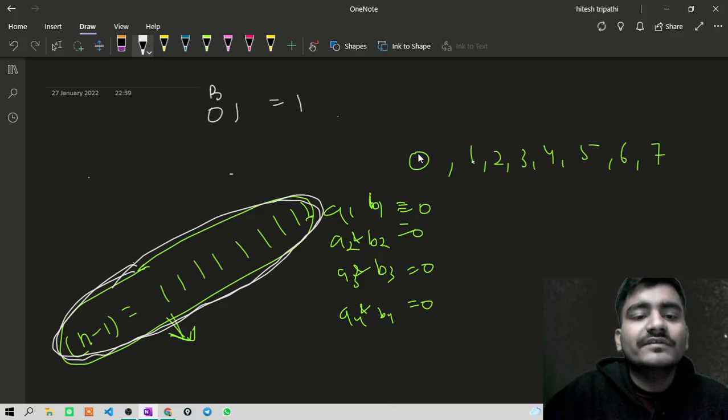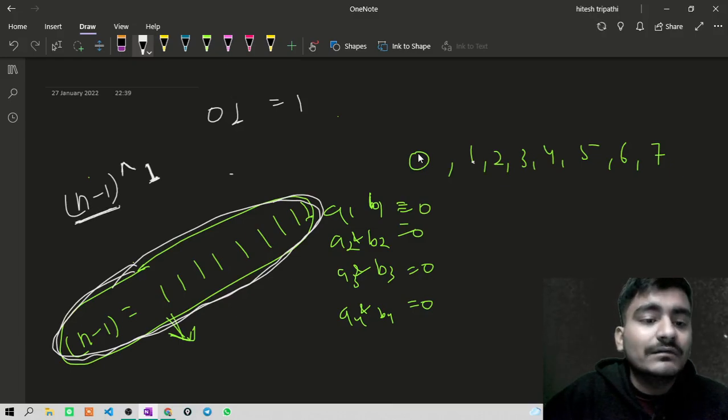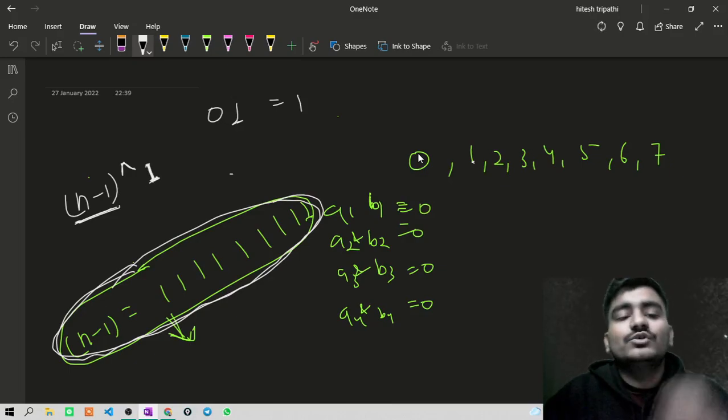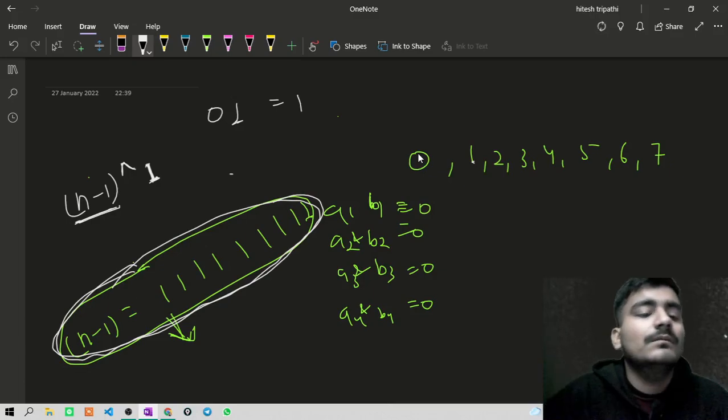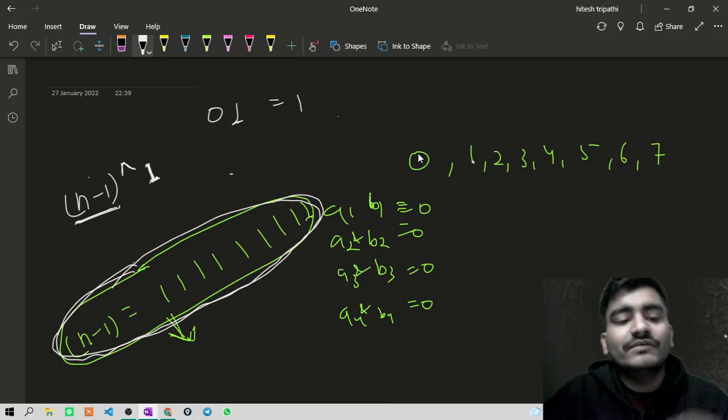Now suppose if you want to make the complement of 1, this is the binary representation. So if you want to make the complement of 1, what you can simply do, you can XOR it with n minus 1. Whenever you XOR it with n minus 1, whichever bits are set will simply get inverted to 0, and whichever bits are null will simply get inverted to 1.